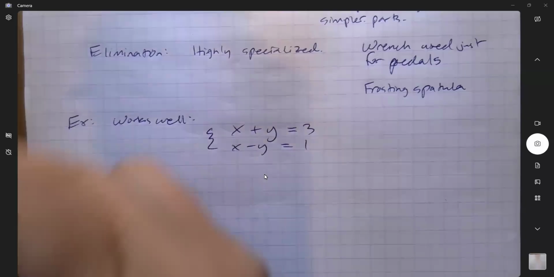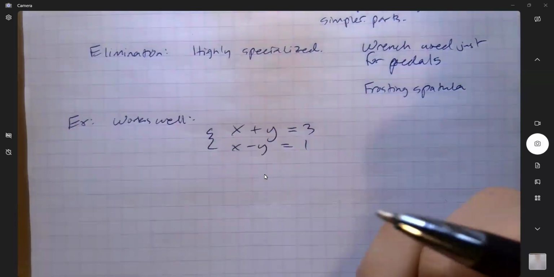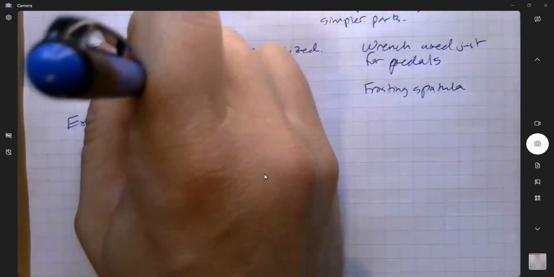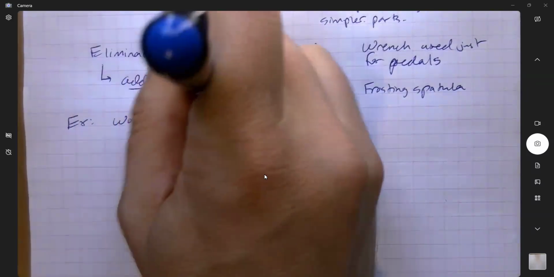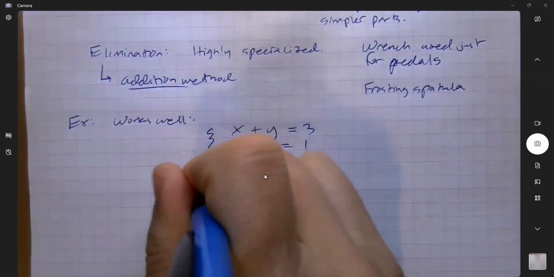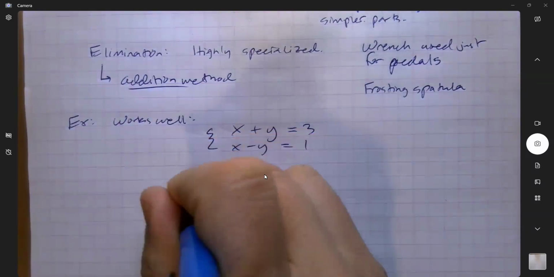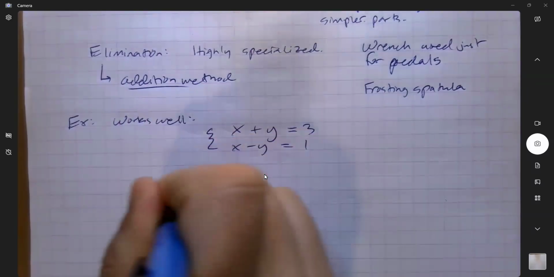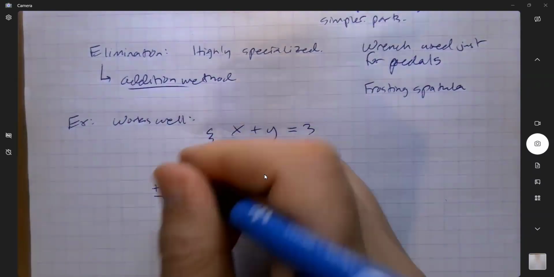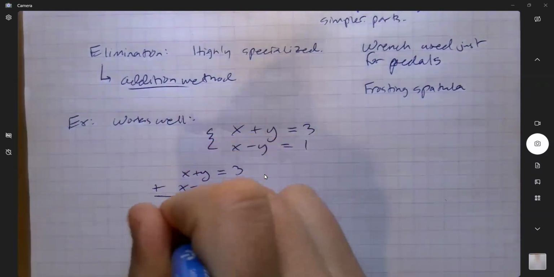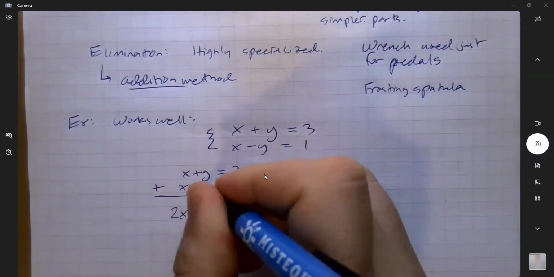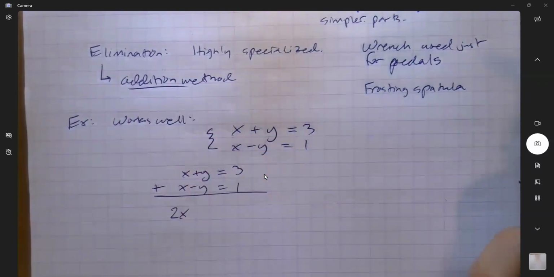And here, it shouldn't even be called the elimination method. It should be called the addition method, but I didn't get to name it. It's as simple as this. You take your first equation, you take your second equation, and you add them vertically. x's add to x's, x plus x is 2x. y's add to y's. y plus negative y goes away.